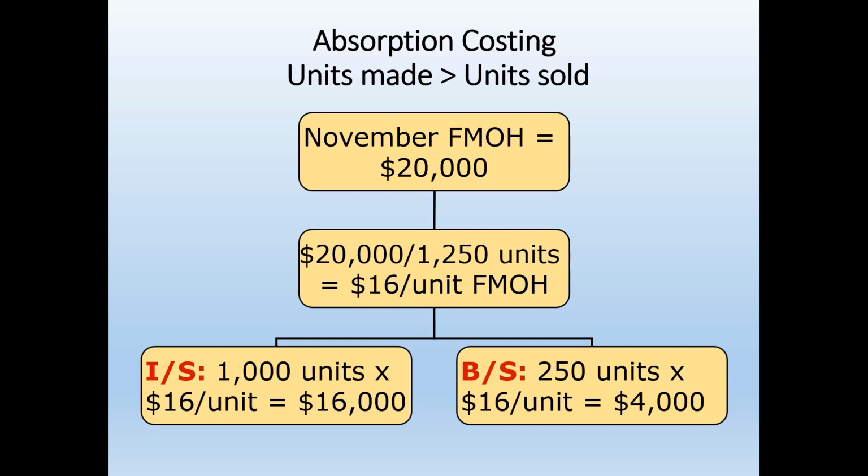And each one of those units would carry its $16 share of fixed overhead onto the balance sheet. So, out of the $20,000 of fixed overhead in November, $16,000 worth ends up on the income statement, and $4,000 worth ends up on the balance sheet.